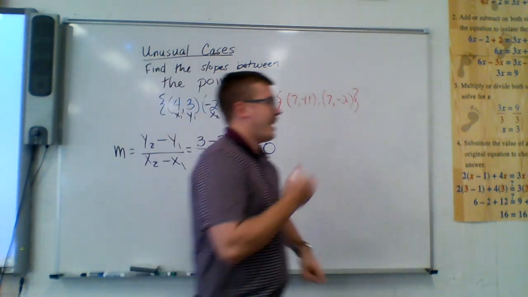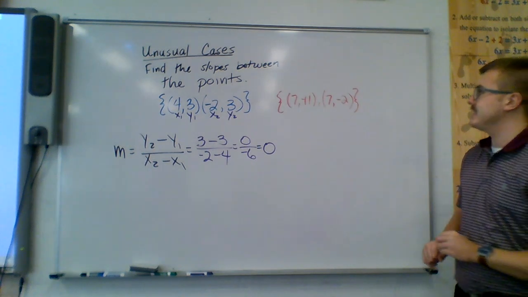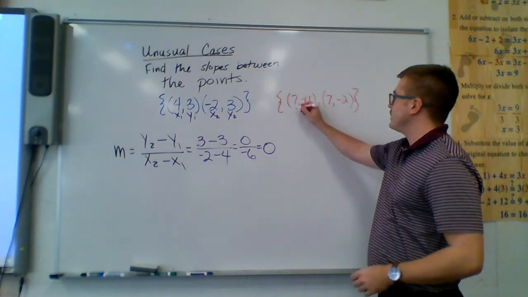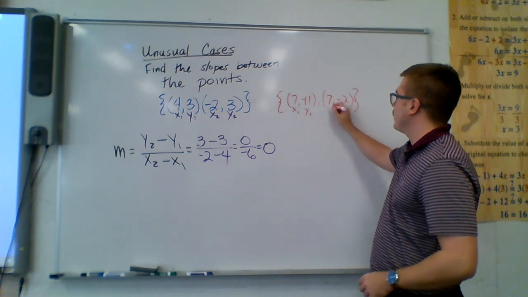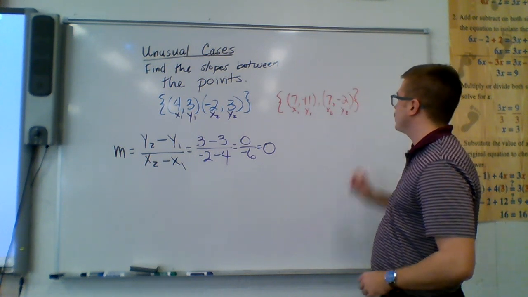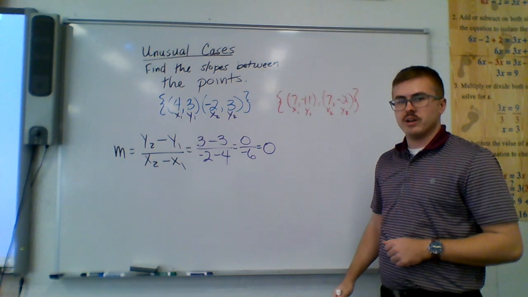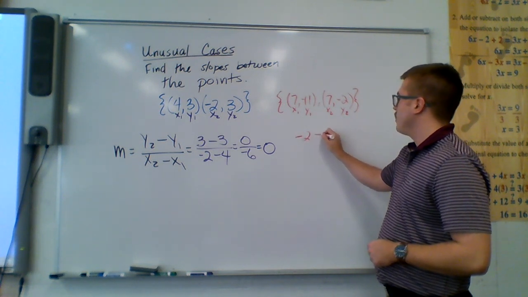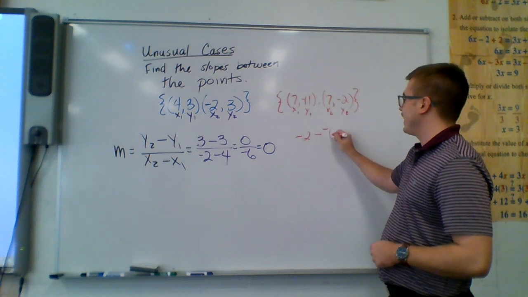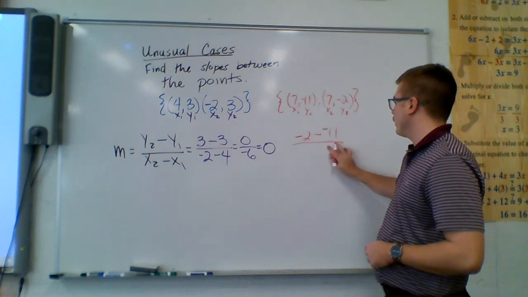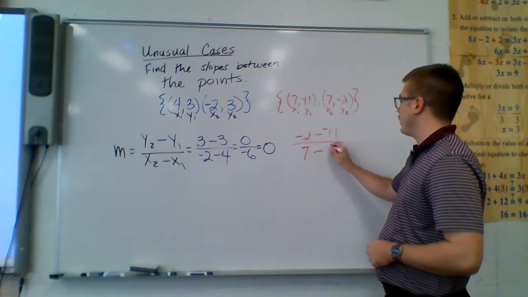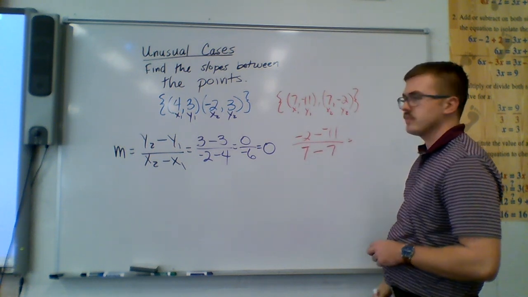Now let's look over at this case over here. Again, I'm going to label my points x1, y1, x2, y2, and then I'm going to plug them in. y2 is -2 minus my y1 is -11 over x2 is 7 minus my x1 is also 7.